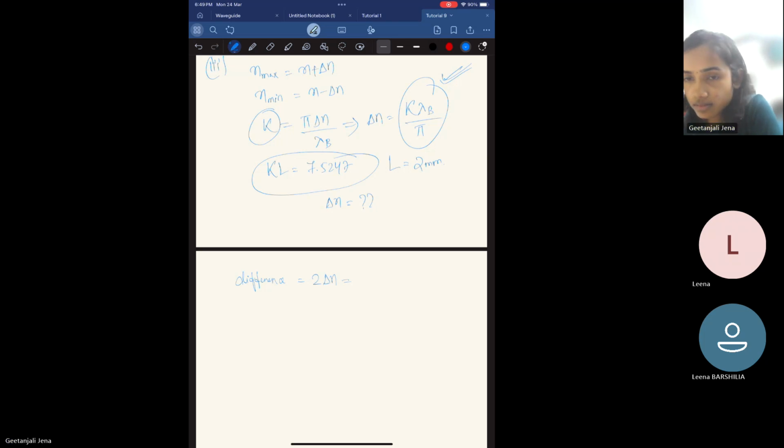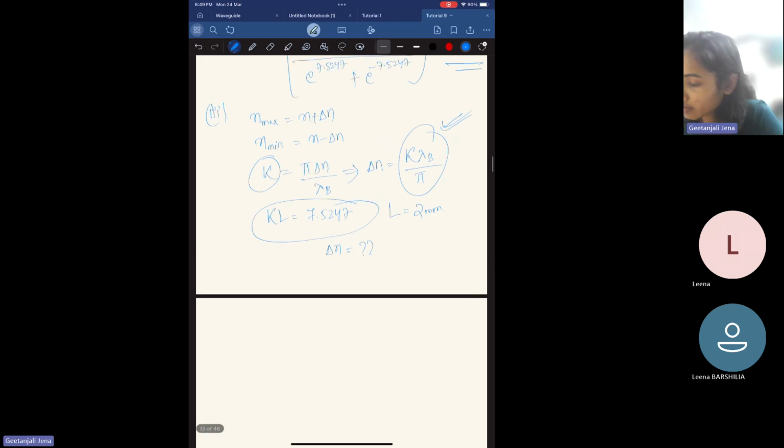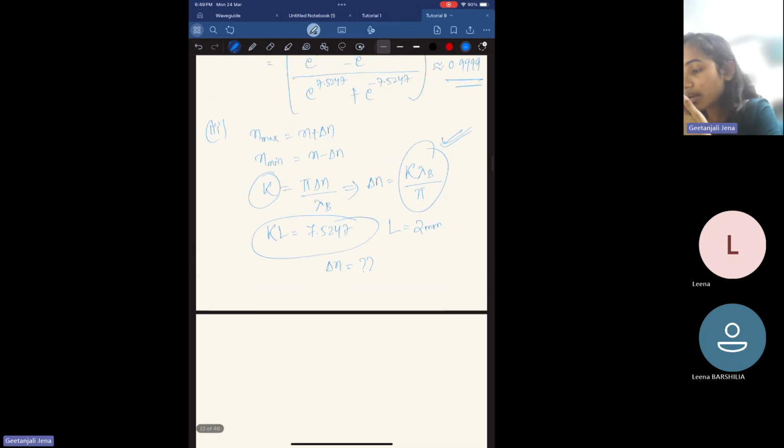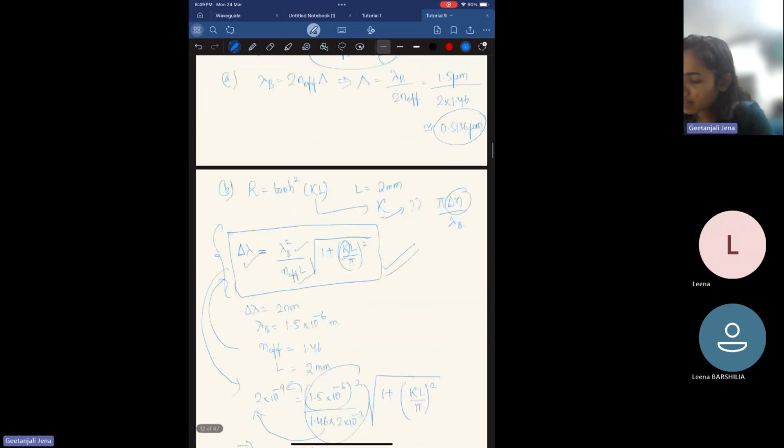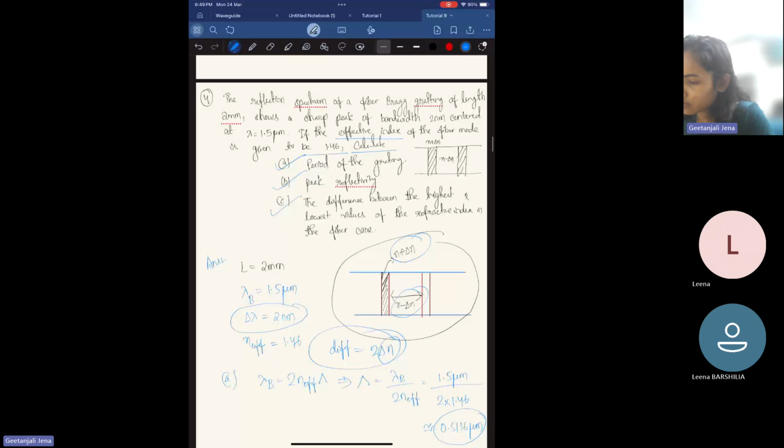3.86 mm. I think you got it. So it's not correct, I think, because lambda b, I have not mentioned what is lambda b. Lambda b is given in the question, 1.5 micrometer.